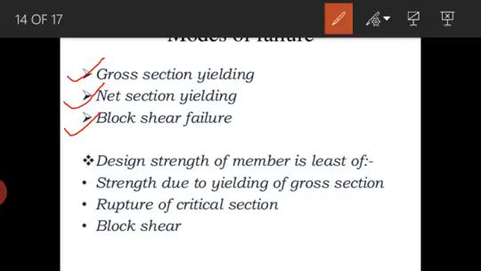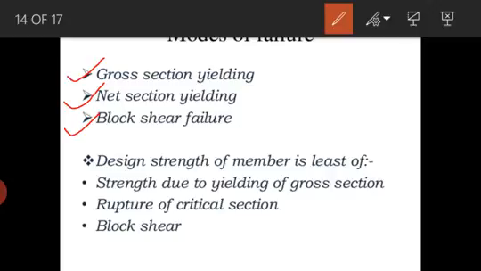Then the failure due to yielding, or cross section yielding, means a tension member can sustain loads up to the ultimate load without failure, but the elongation of the member at this load would be nearly 10 to 15% of the original length, and the structure supported by the member would become unserviceable.